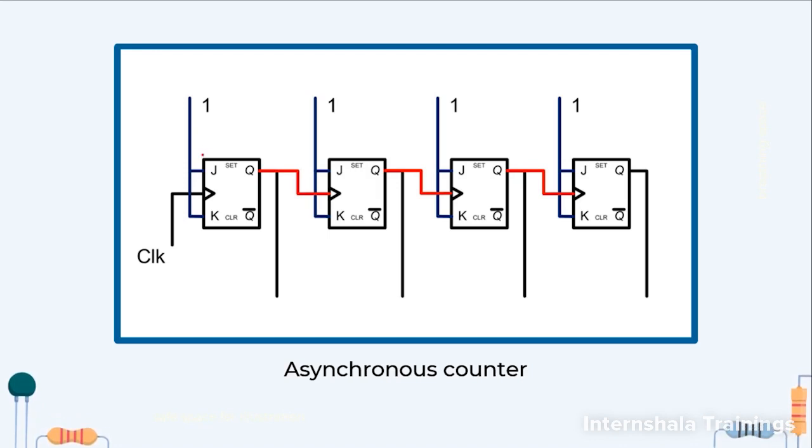So when J and K are 1 1, this output is going to flip. That means at every clock, this output will flip from 0 to 1, to 0 to 1, to 0 to 1. Now do you see something interesting happening?